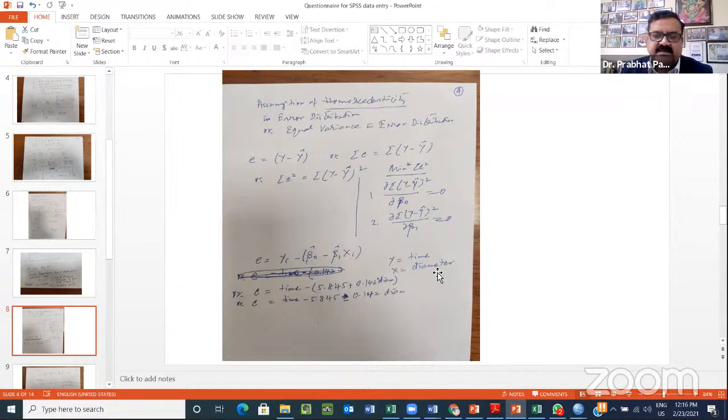And if you want to calculate the error, we have to calculate error like time minus 5.845, which was the value for beta 0 in our calculation, plus 0.142, which was the beta coefficient for diameter. So the error is time minus 5.845, and because there is a minus before the bracket, this plus becomes minus, so minus 0.142 diameter. So that's how.